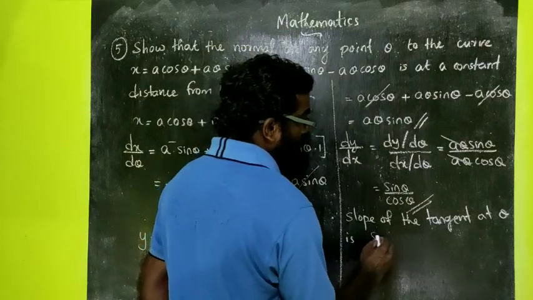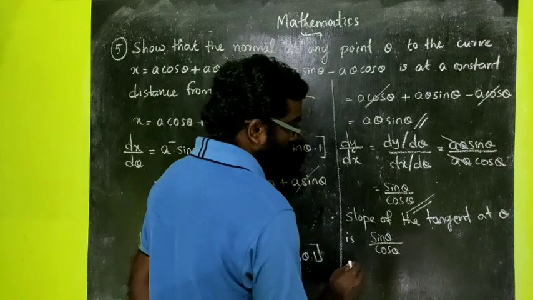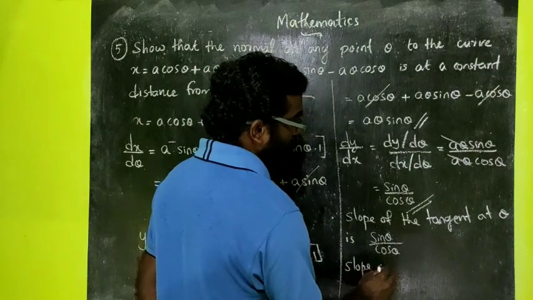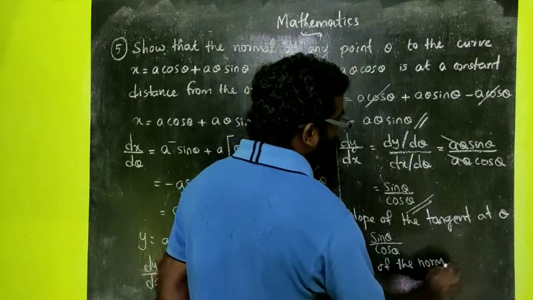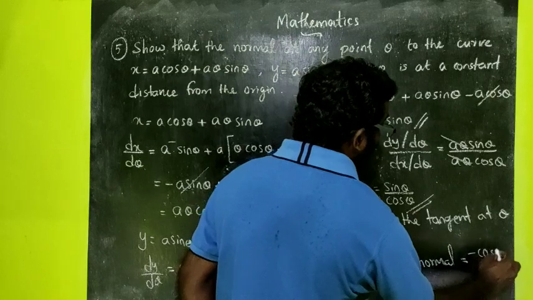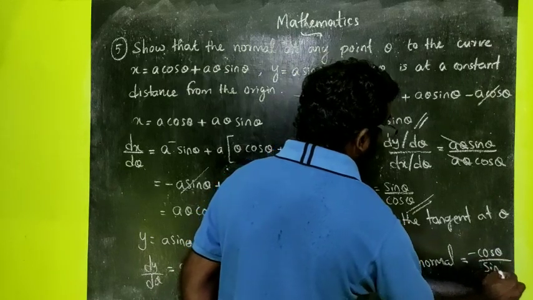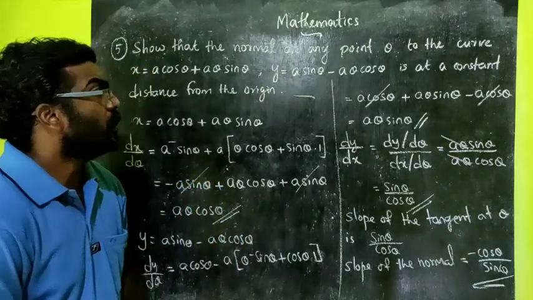Okay. Here it is sin theta by cos theta. And the slope of the normal will be the negative reciprocal of this term, that is minus cos theta divided by sin theta. Okay, now we have to write the equation of the normal.